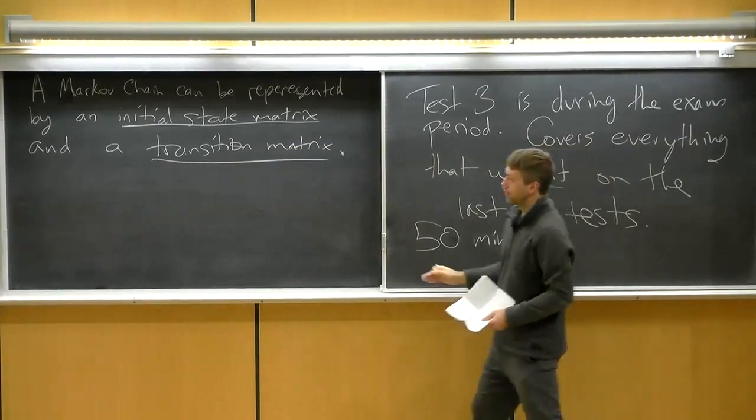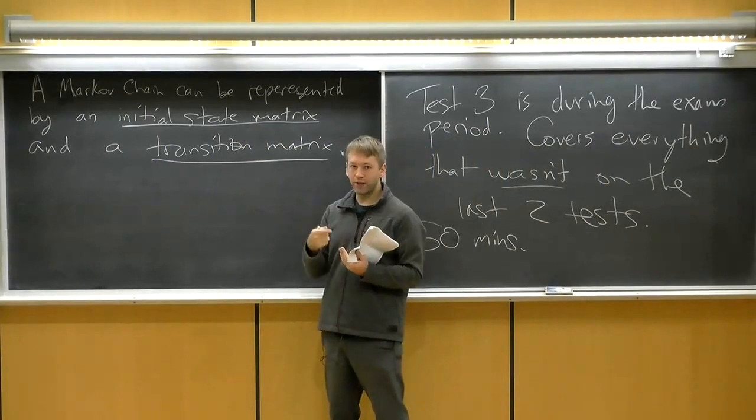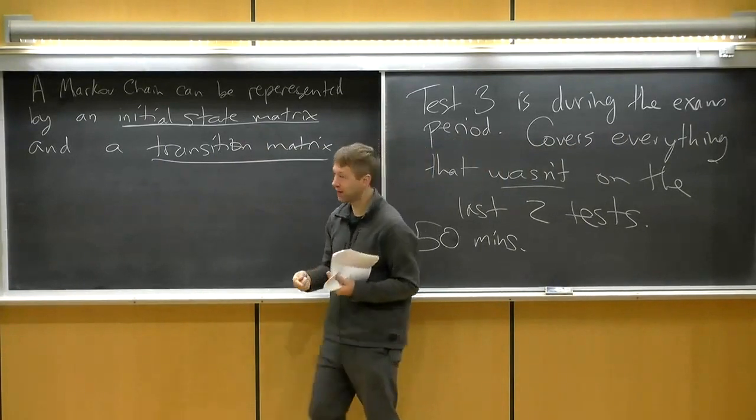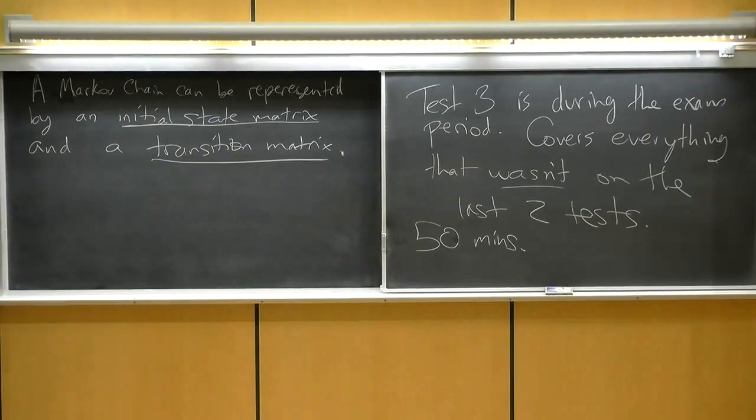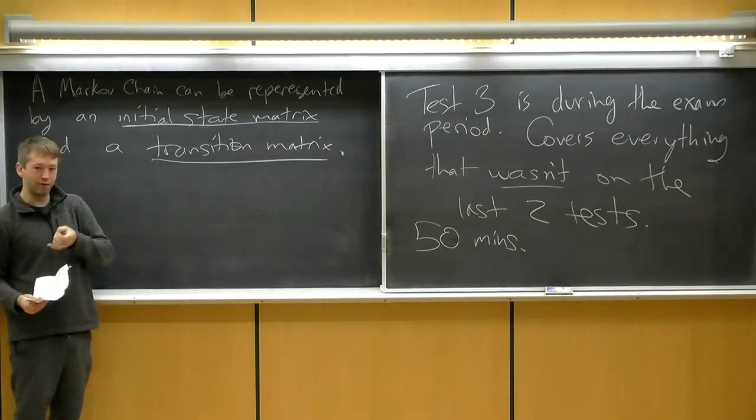This initial state matrix tells you where you started the process. So in this case, the initial state, where we started, was with $2, right? So that tells us the initial state of the process. And the transition matrix tells you the probability of moving from one state to another.